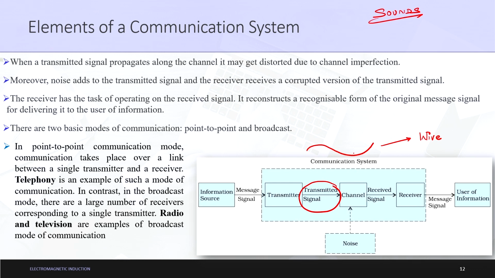Let us say this is the wire and this wire has some leakages. Let us say the wire is of width 2 mm, and at some location it is torn like this, or it has some bulginess somewhere. These are nothing but channel imperfections. Due to these channel imperfections, the transmitted signal gets distorted, as in disturbed.